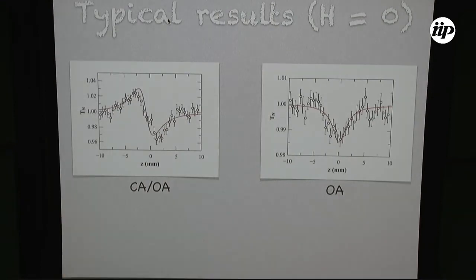So these are the typical results. First of all, we start without the magnetic field, so the particles are essentially at random. Here is the normalized transmittance, which is the transmittance measured at a particular Z position of the sample divided by the intensity far from the focus.